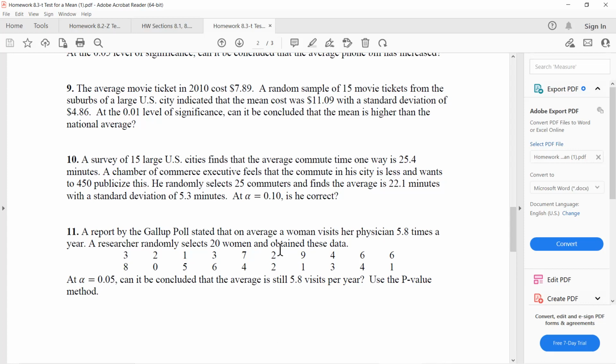At alpha is 0.05, can it be concluded that the average is still 5.8 per year? Mu is 5.8.